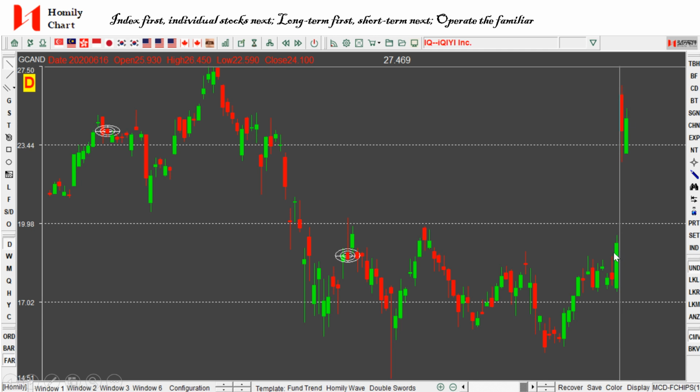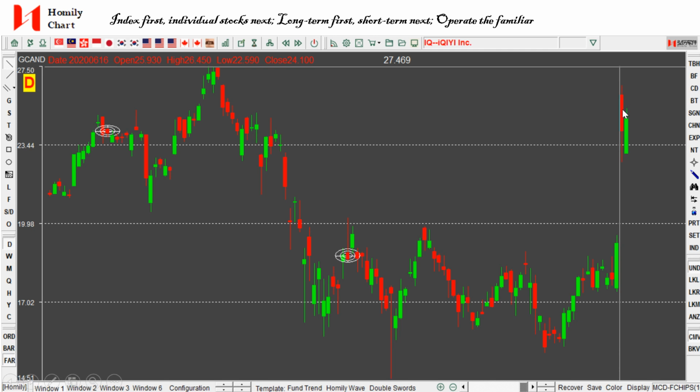Such a long bearish candle, that's not possible, but I'm just showing you an example. So let's say after opening with an upward gap for IQIYI, the price continues dropping all the way, and when the market closes it is at the same price level as the close price of the previous day, then this is no longer a successful upward gap, right?